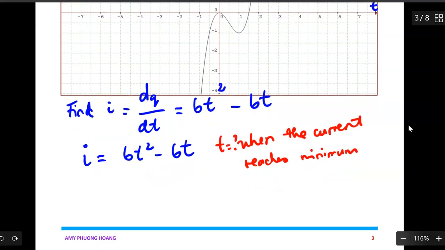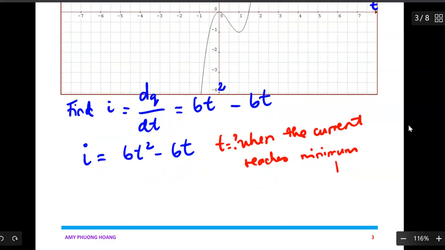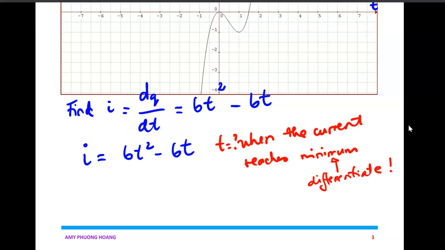Again, in order for me to measure the minimum or maximum, I have to differentiate, right? We need to differentiate to determine the minimum or the maximum. Because what is differentiation? What is di over dt in this case?